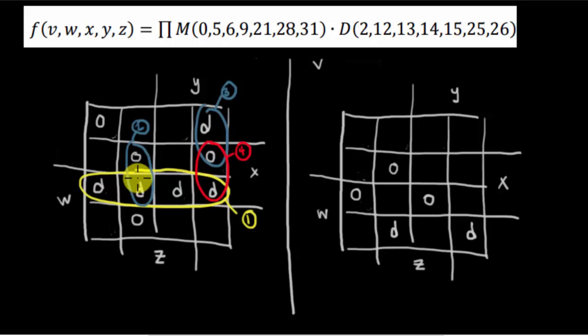And I'm going to put this over here, which would be my group number 5. And I'm going to change colors again. I'm going to put this 0 here with this don't care here, and I'm going to put this as my group number 6.